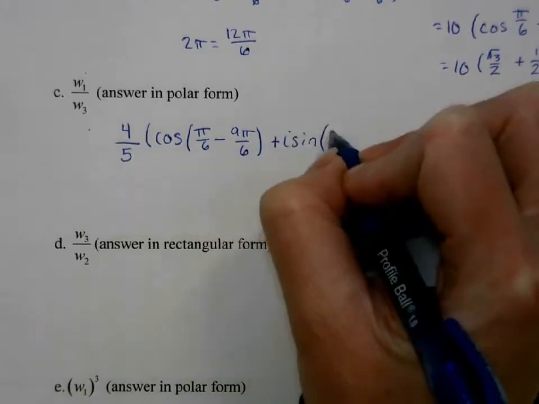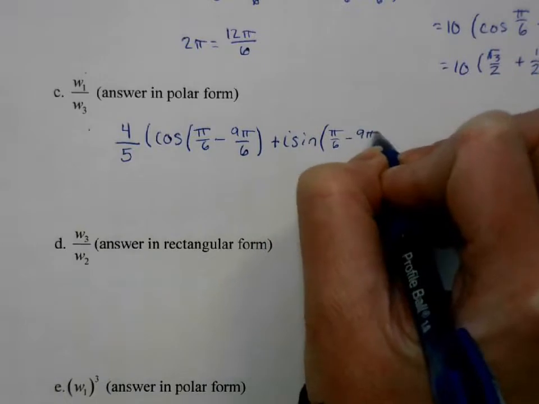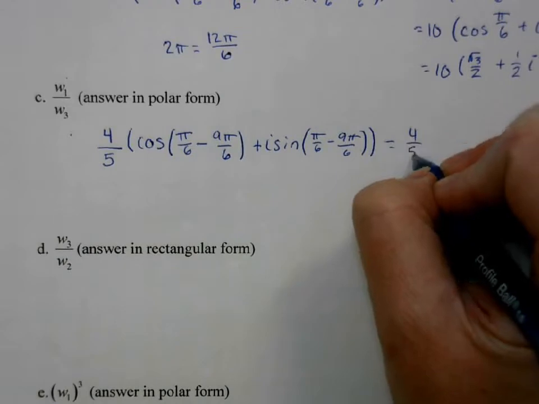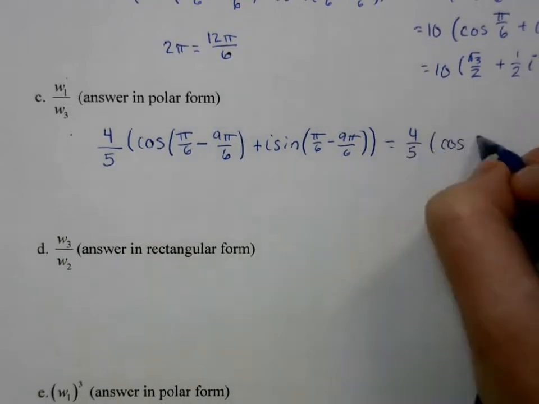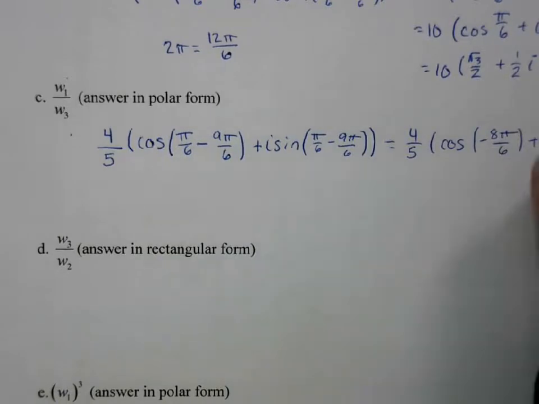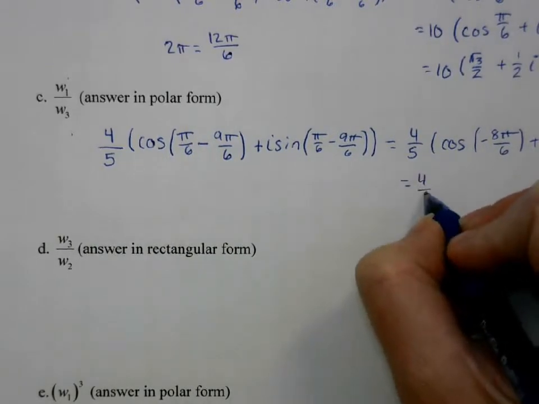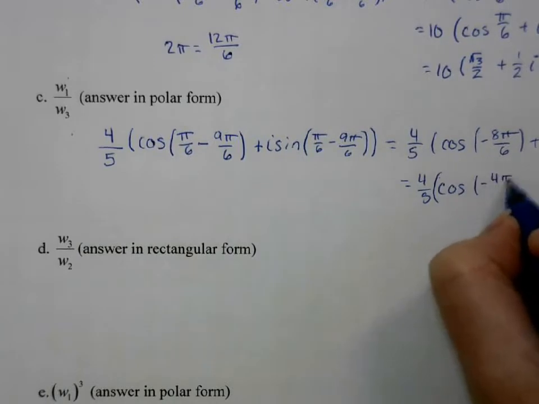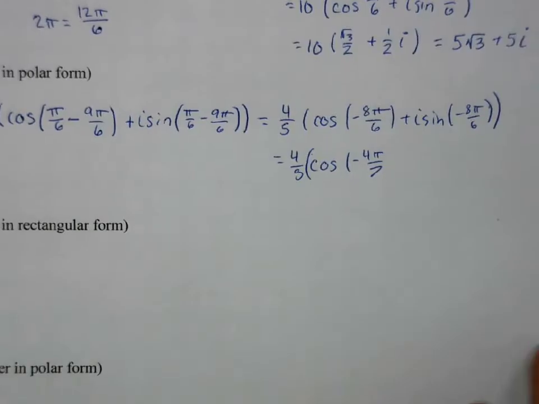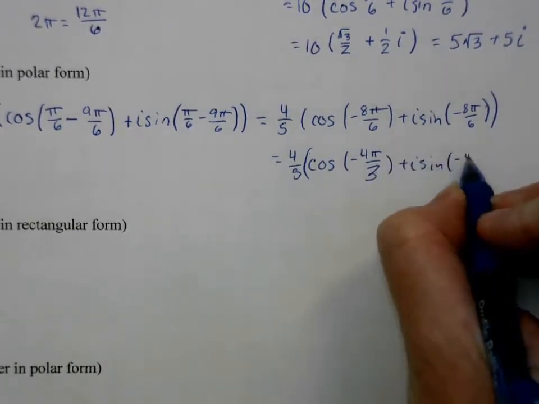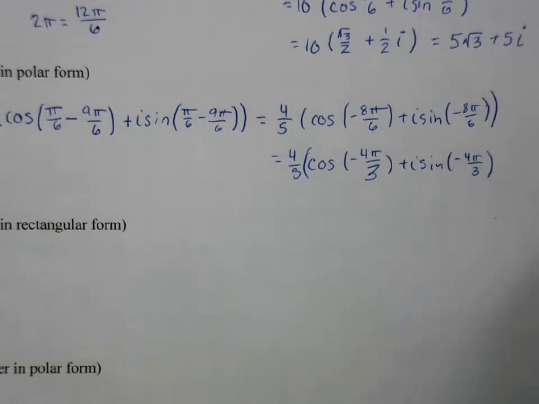Okay, so this will be 4/5 cosine negative 8 pi over 6, which we could reduce to negative 4 pi over 3. Or you could add 2 pi to this, which would be 6 pi over 3, and get 2 pi over 3.